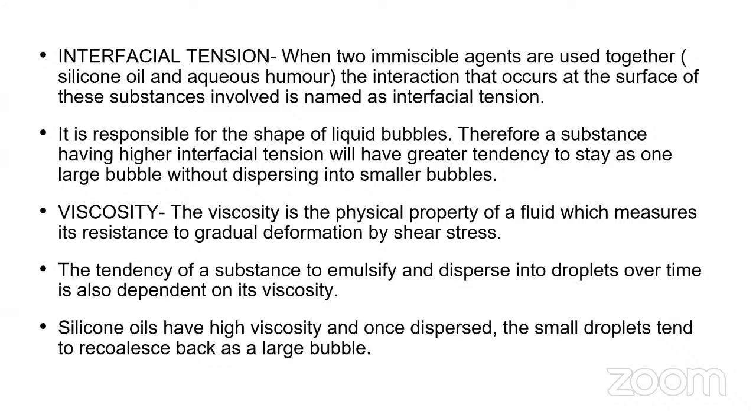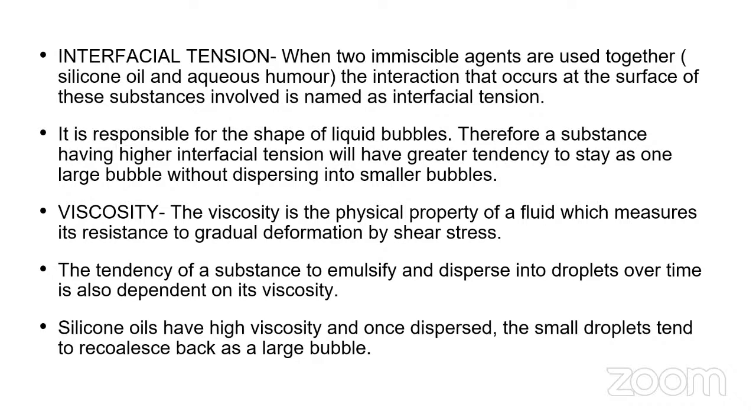So coming to viscosity, viscosity is a physical property of a fluid which measures its resistance to gradual deformation by shear stress. The tendency of a substance to emulsify and disperse into droplets over time is also dependent on viscosity. So if we use higher viscosity silicone oil, the tendency to emulsify is low.